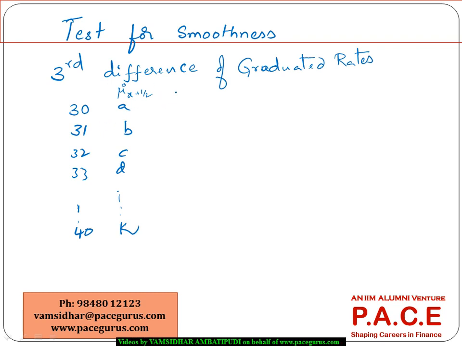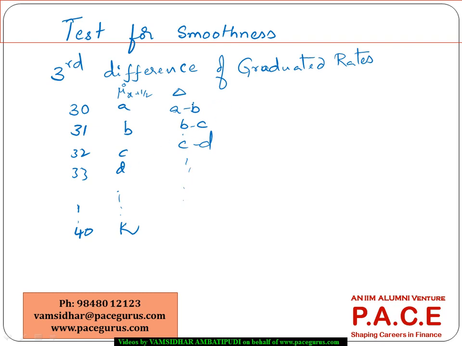So if I am saying third difference, the first difference delta is A minus B, B minus C, C minus D. So these are the first differences.